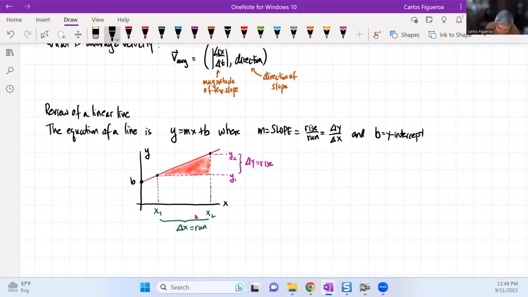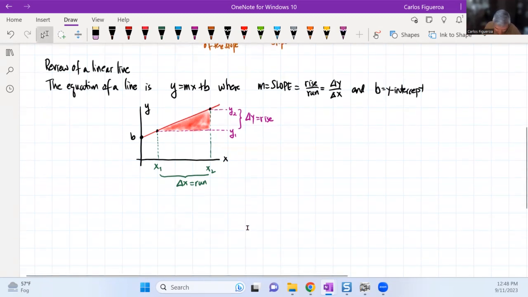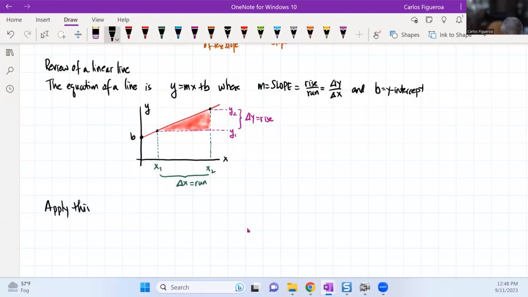Now, what I want to do here is take this linear line and apply this technology to the average velocity. When I look at the average velocity, we know that that is the speed here. And that speed is equal to delta x over delta t.